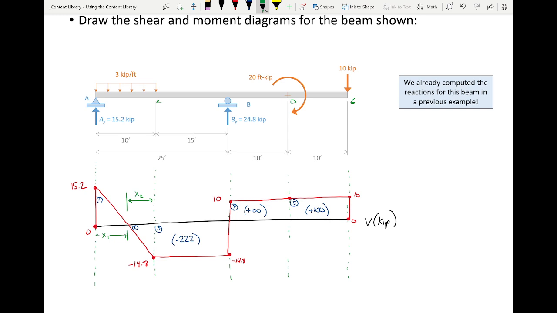And let's make sure that we're all paying attention. How do we determine x1? What's an easy way of determining x1? Anybody remember that? The height divided by the slope. So 15.2 divided by 3, and then this one's going to be 14.8 divided by 3.